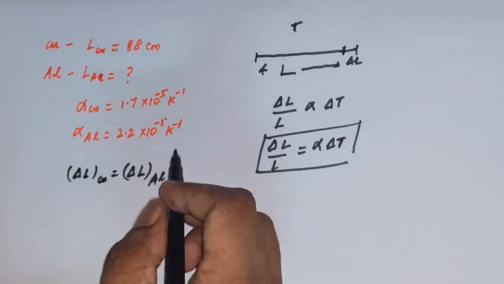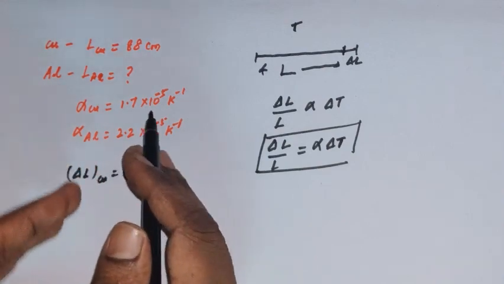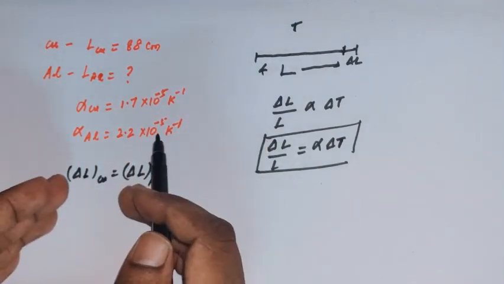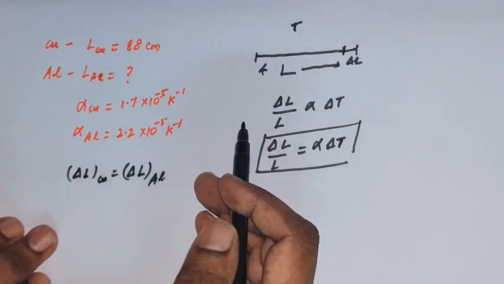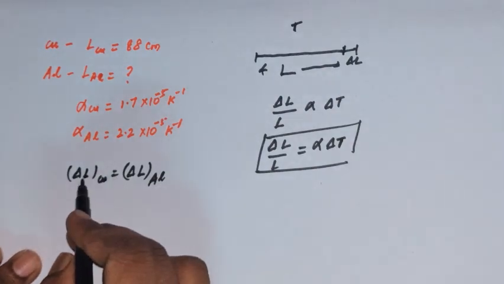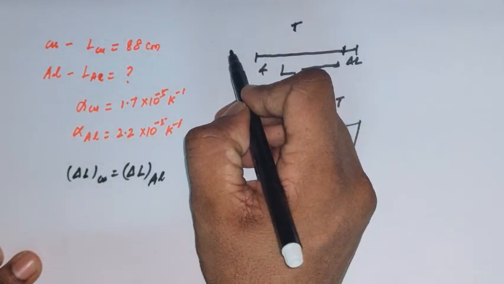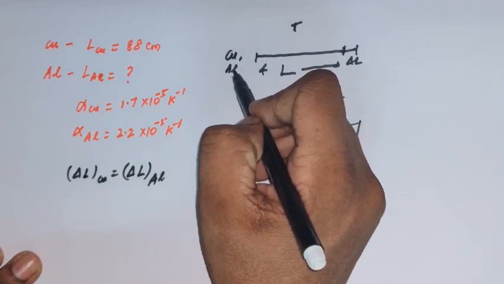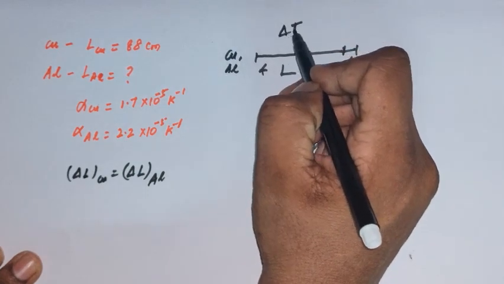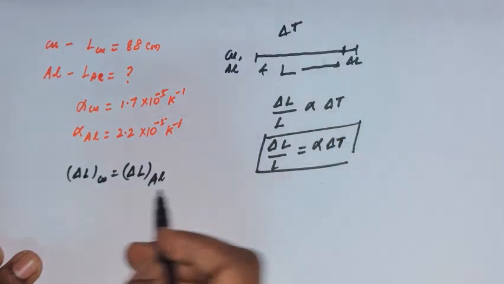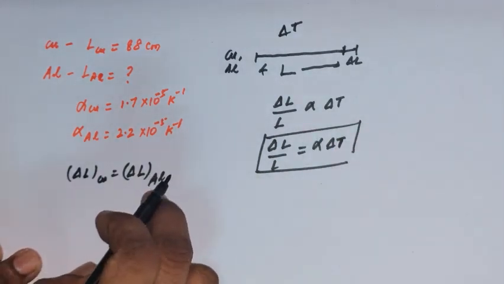Whenever the temperature increases, the aluminum rod and the copper rod will both extend by the same length. That is the meaning of the given problem.